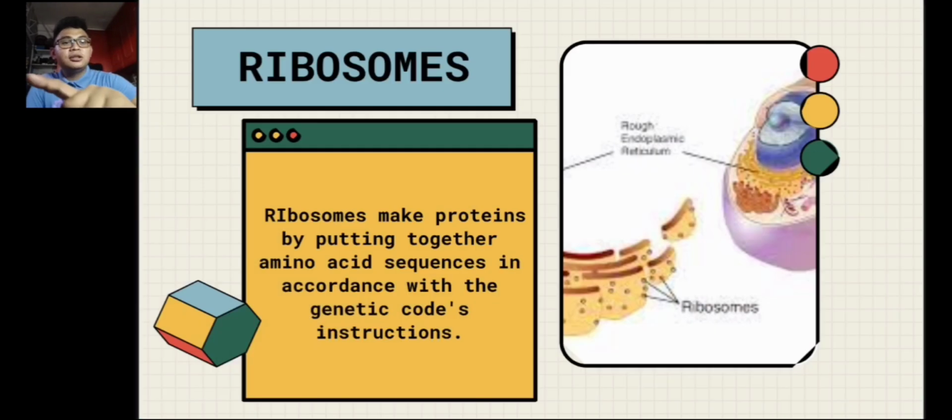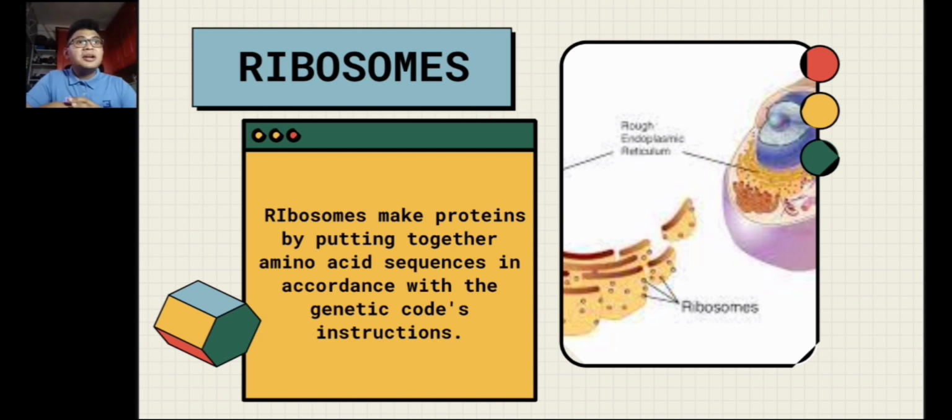And the second part that we will tackle is all about the ribosomes. Ribosomes make proteins by putting together amino acid sequences in accordance with the genetic code instructions. And also, in the nucleus, DNA is transcribed into RNA, or ribonucleic acid, a molecule similar to DNA which carries the same message.